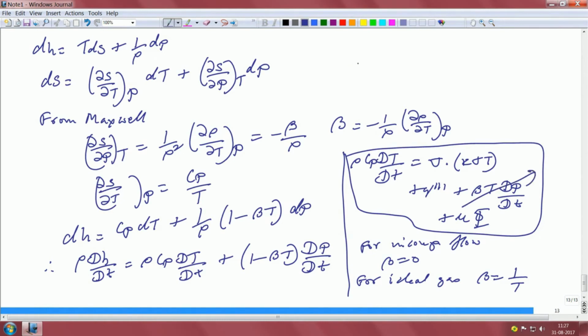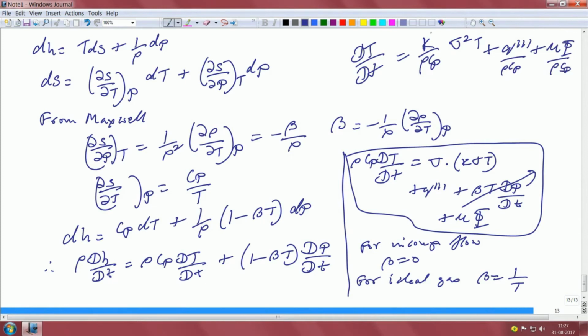You will get the very familiar expression dT by dt is equal to 1 over rho Cp. If k is constant, you can take k out, so this will be given in terms of the Laplacian of temperature, and the heat generation term, which can be 0 or can stay, plus mu into phi, both divided by rho Cp. Now k by rho Cp is alpha, the thermal diffusivity of the system.